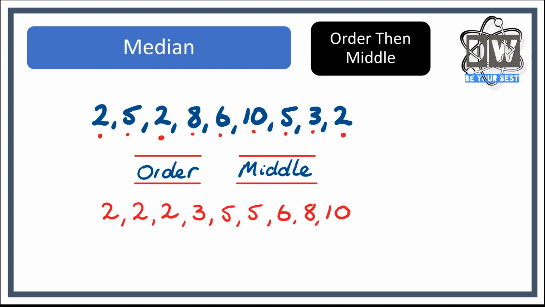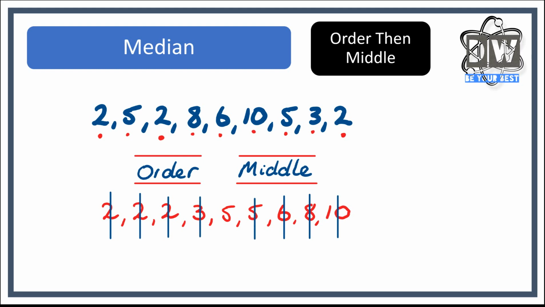So now I'm going to find the middle number. So for this, I'm going to start at the ends and cross off the end numbers first. So I've crossed out the 2, I've crossed off the 10, and then I'd work to the next number. Cross off the 2, cross off the 8, cross off the 2, cross off the 6, cross off the 3, cross off the 5.